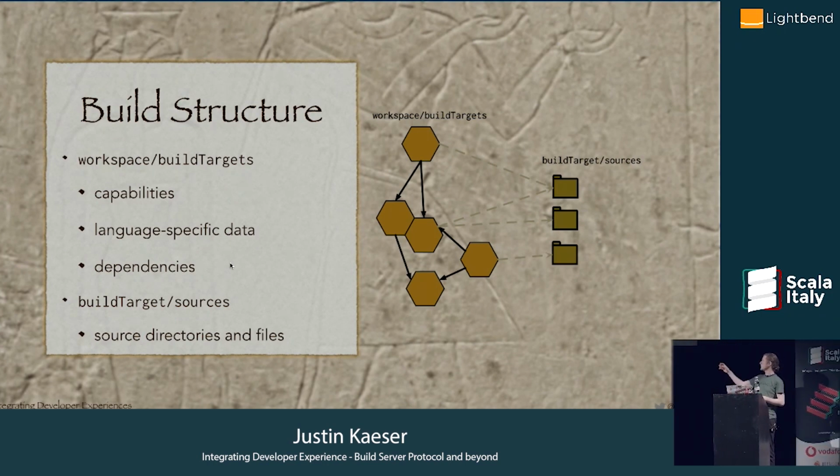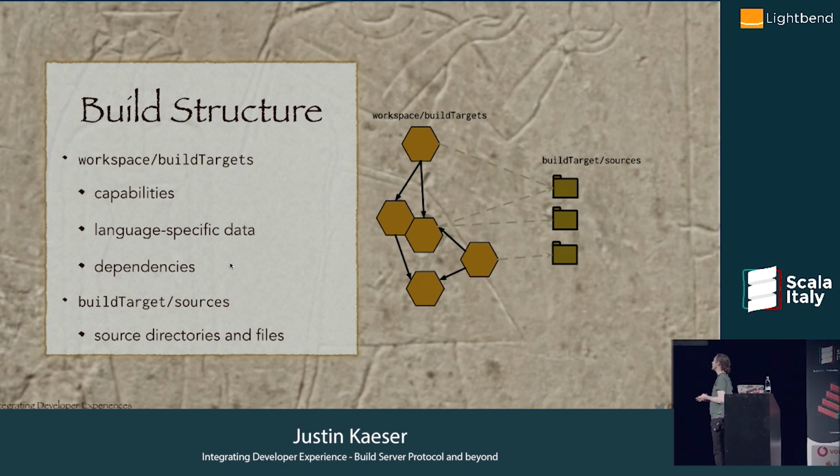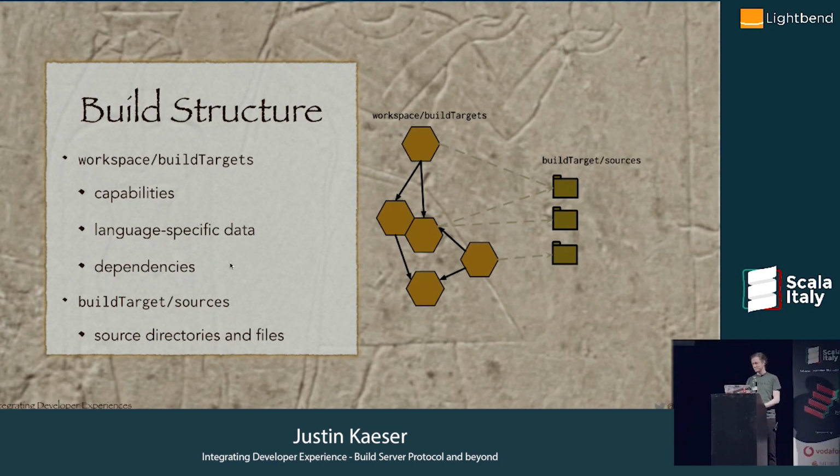There's a single request to get all the targets in a build or in a workspace, and a different request to resolve all the sources in a set of targets. In BSP, one module may have a bunch of sources in different files or directories, and these sources might be shared between different modules, different targets.